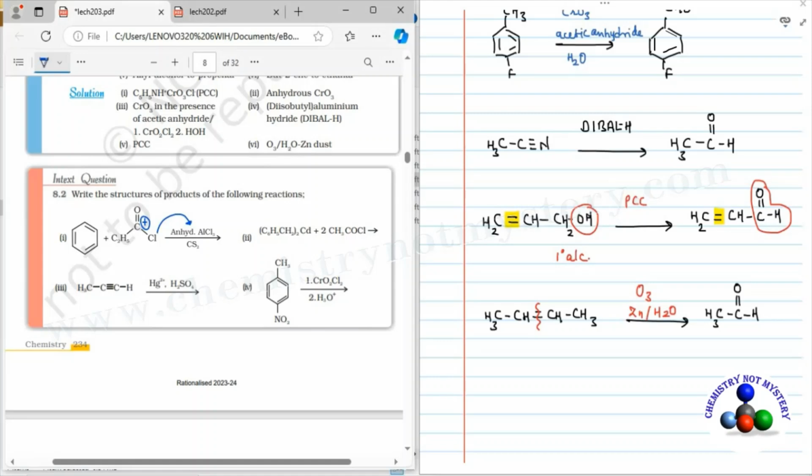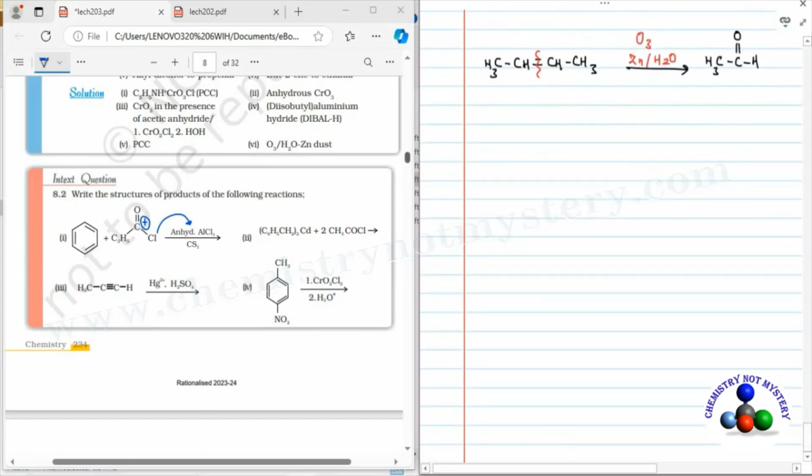So let's draw the product. This is benzene and the product will have C double bond O, C2H5. So this is the product of the first question. Now come to the second question.